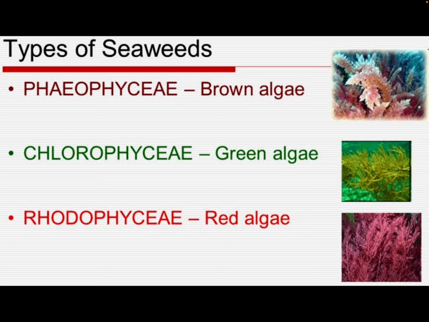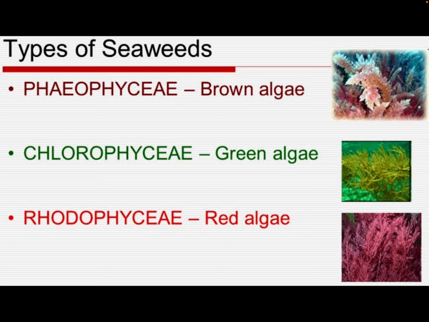Now they have two unequal laterally attached flagella, and they are usually found in fresh water, brackish water, and salt water. And the examples are Ectocarpus, Dictyota, Laminaria, Sargassum, and Fucus.